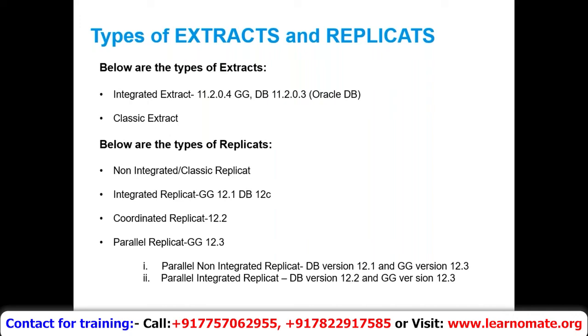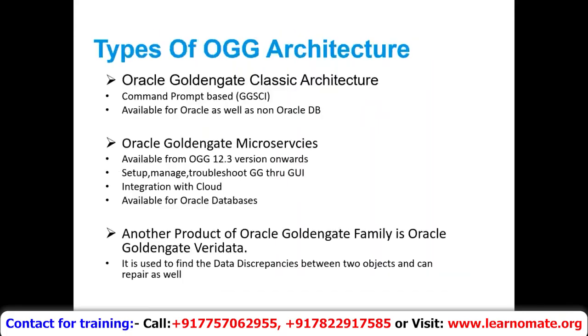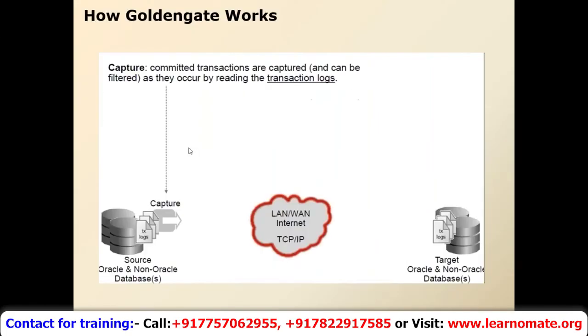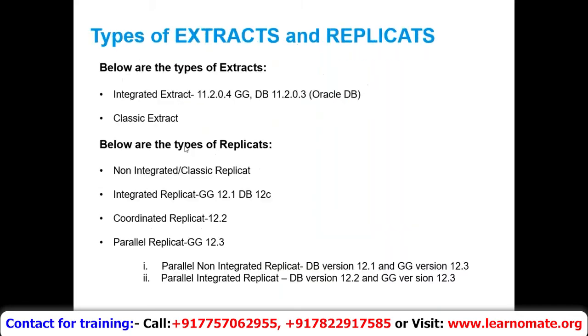The term classic in GoldenGate means that it is traditional, the original way of configuring the process or architecture. So under classic architecture, you have two types of extract: integrated extract and classic extract. Under microservices architecture, you have the same: integrated extract and classic extract.